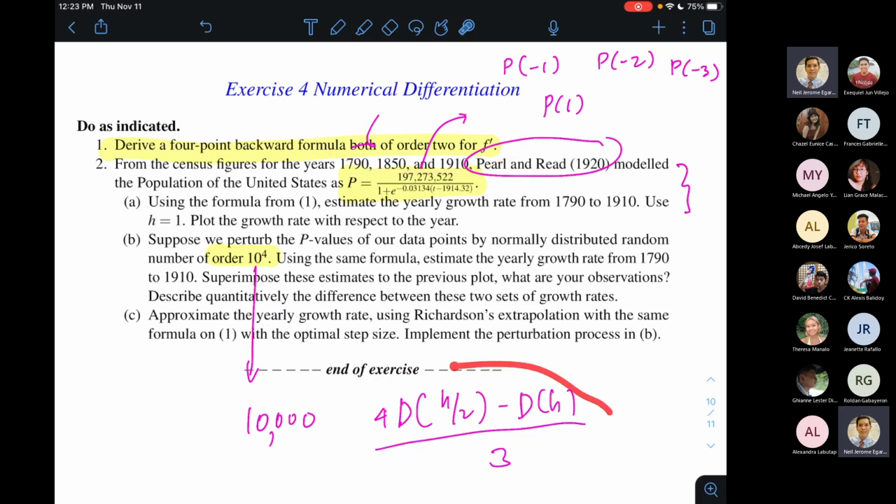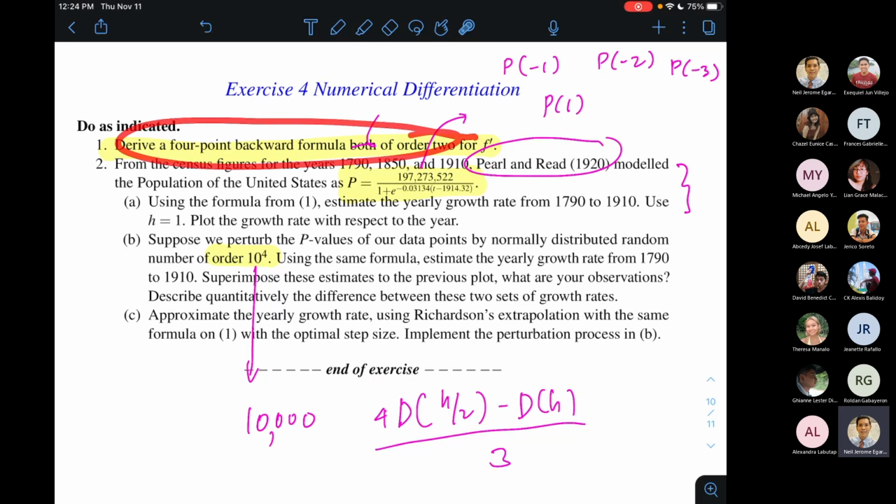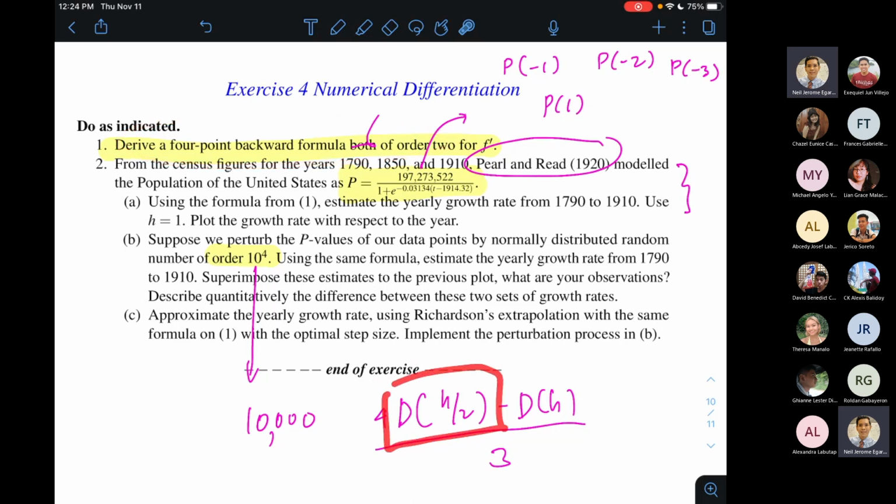So ito rin yung gagamitin yung Richardson formula para dun sa differentiation technique na madederive nyo sa part 1. So yung d of h nyo dito or d of h over 2, kukomputin nyo following the formula you get from problem number 1. And then ulitin nyo daw yun with a perturbation process the same as in part B.